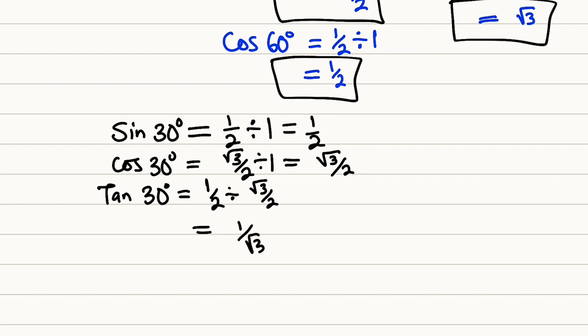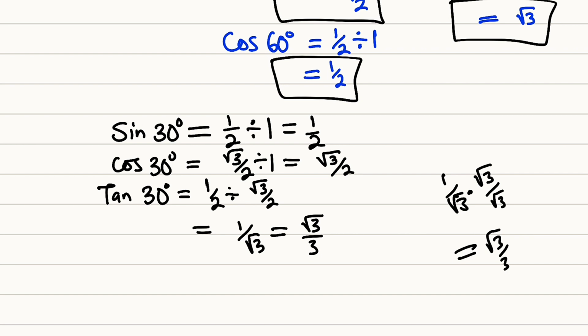But if you like, you can rationalize it. You can multiply the top and the bottom by root 3 over root 3. And this is equal to root 3 over 3. So this is all about 30 and 60.